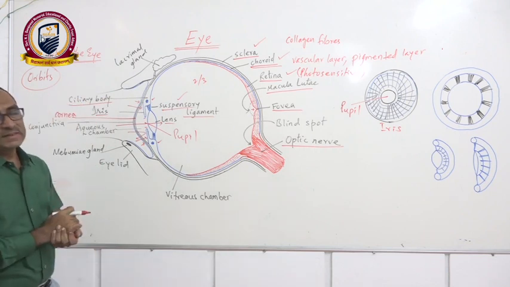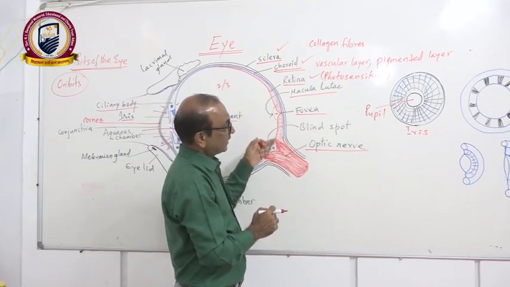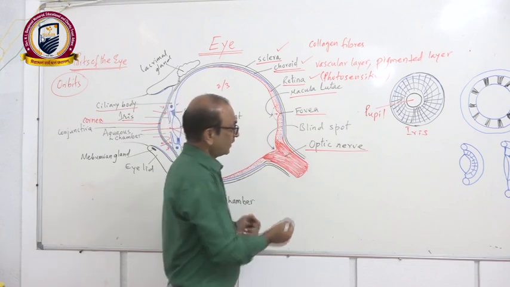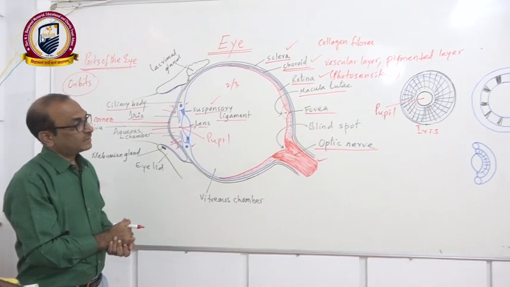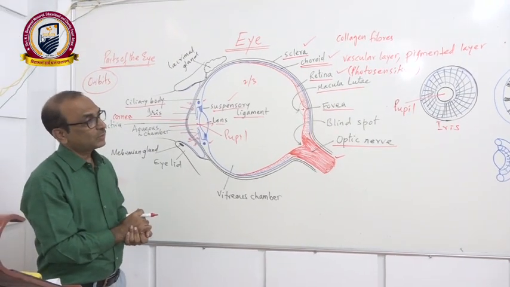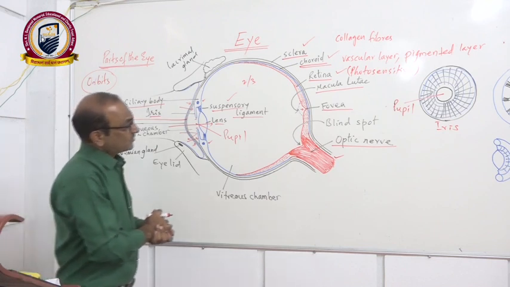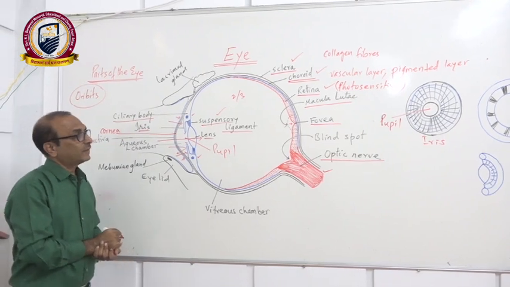Whatever signals are generated are carried by these sensory neurons through the optic nerve, and that's how the signal or the message is conveyed to the central nervous system. So that's about the three different layers of the eyeball.